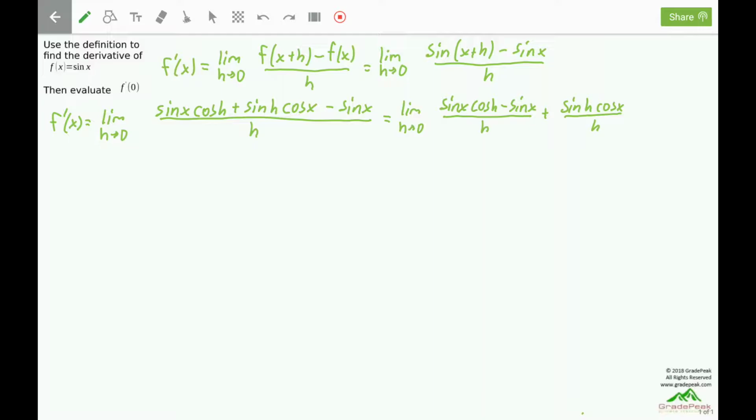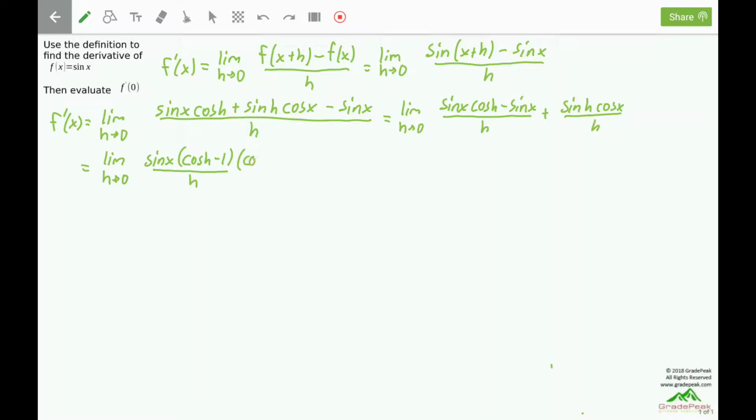What I can do for the first one is factor a sine x out, so I'm going to do that. So we have the limit as h goes to 0 of the sine x, and I will be left with the cosine of h minus 1 over h. That is still 0 over 0, and it's 0 in the numerator because of a trig combination, cosine of h minus 1. In order to take care of the trig combination, we have to multiply by the trig conjugate.